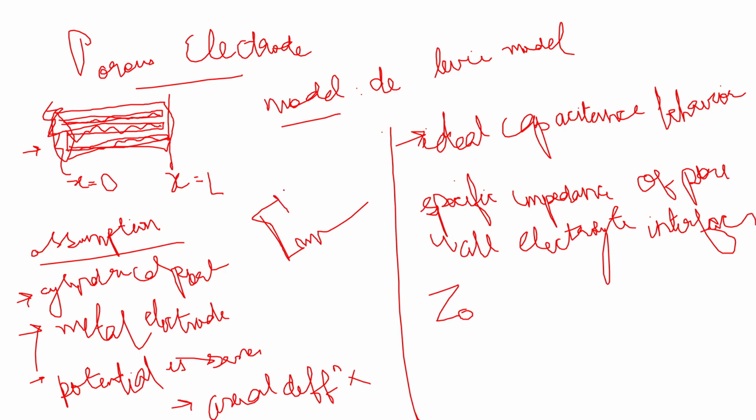You have a Faradaic reaction, which might not be a pure state, can be anything, and there will be a double layer capacitive behavior at the electrode electrolyte interface. So basically it is in parallel. It will be inverse of Z naught equal to inverse of C_DL plus inverse of Z_F.